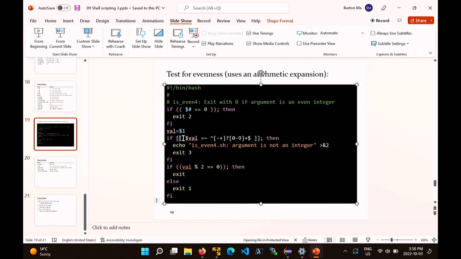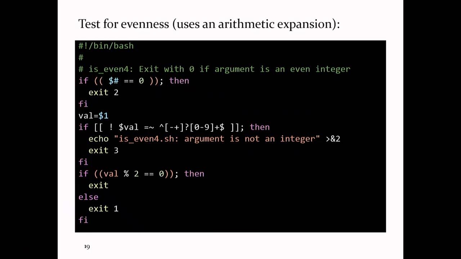You can also write it that way, however you like. They both work. So if that value does not match an integer, then this complains and sends a message to standard error. Remember, send a message to standard error, it's greater than and 2. And then it exits with a non-zero status to indicate that an error has occurred.